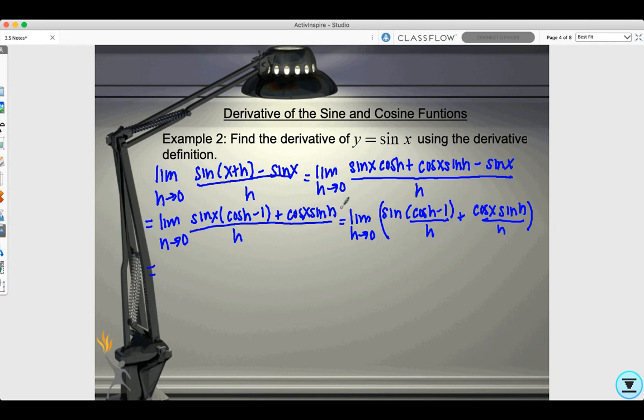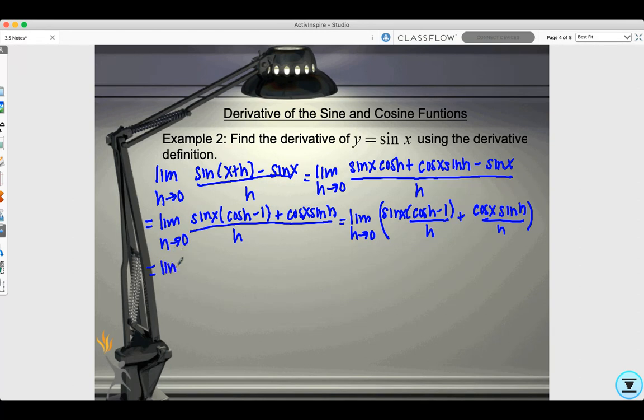Looking even further, I can take these two limits separately. I can take the limit as h approaches 0, and I forgot my x right there, and then this. And same here, I can take cosine x separate from sine h over h, as long as it's multiplied.